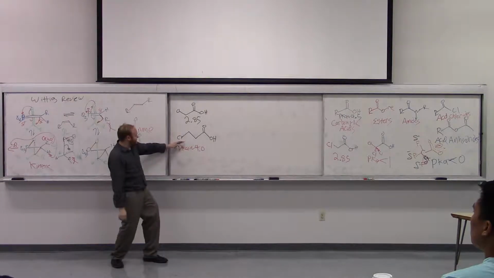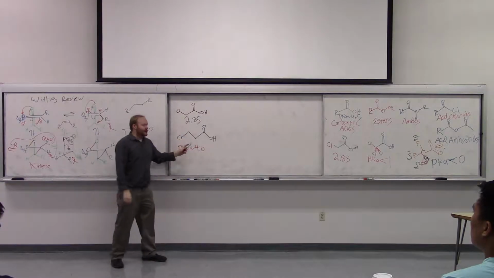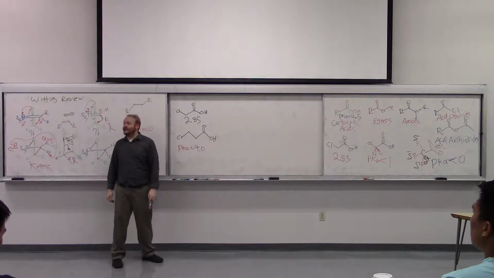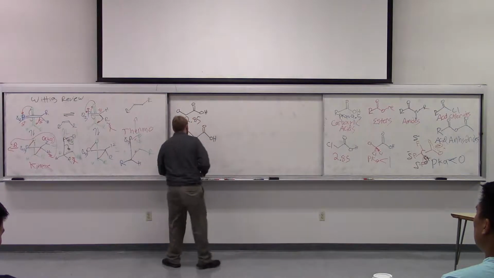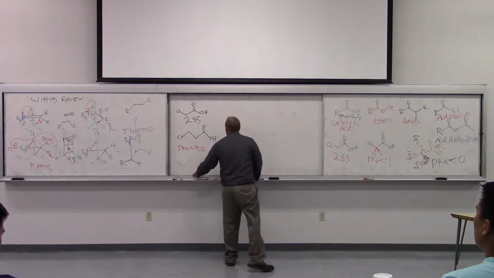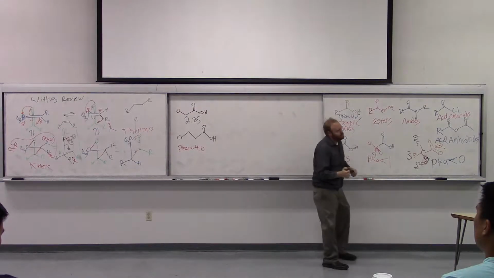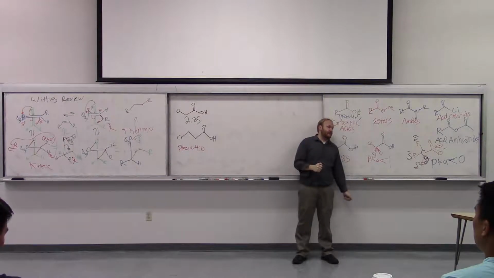And so this shows nicely that just moving the electron withdrawing group one more atom away pretty much completely attenuates its effect. A similar inductive effect you will see with basically every single carboxylic acid.